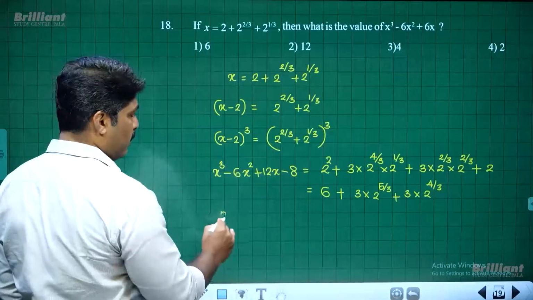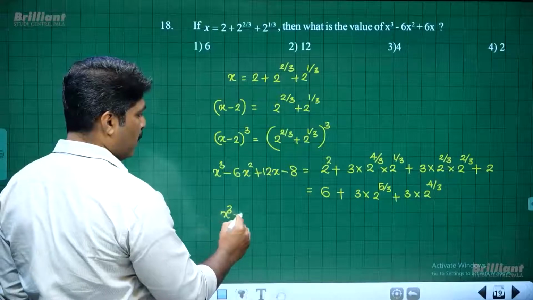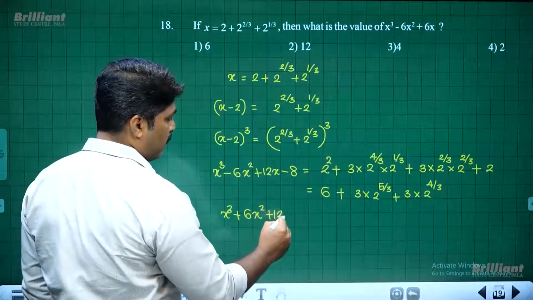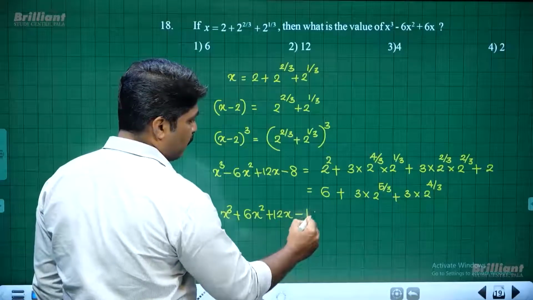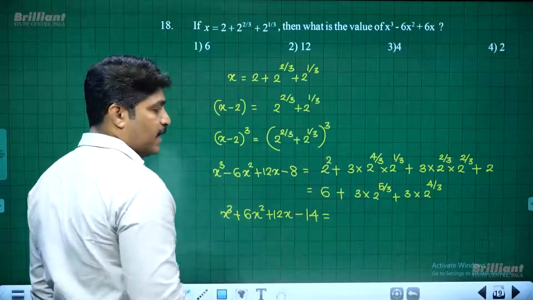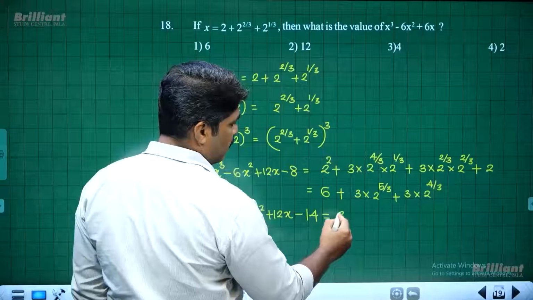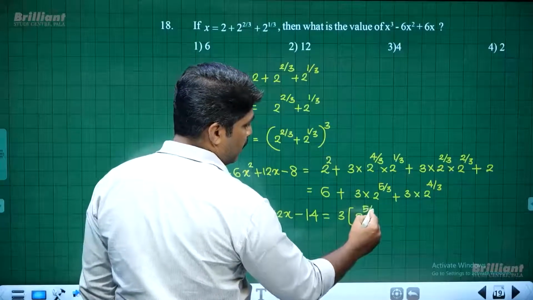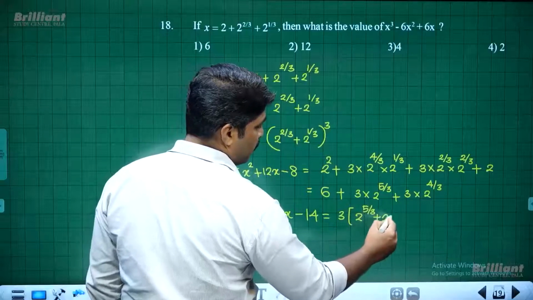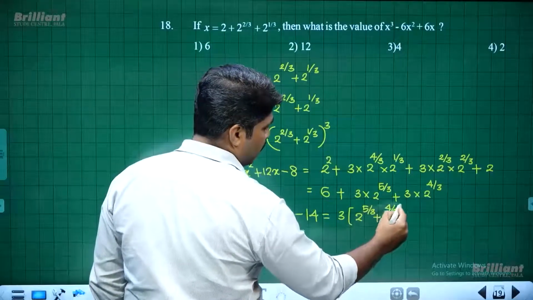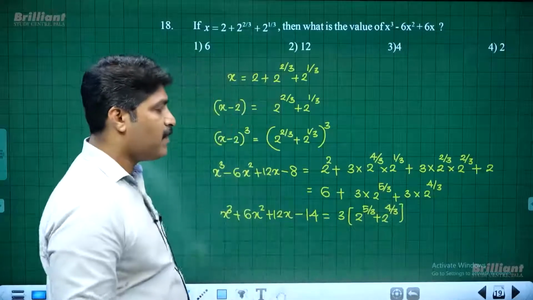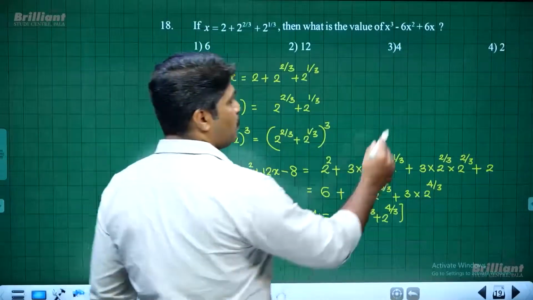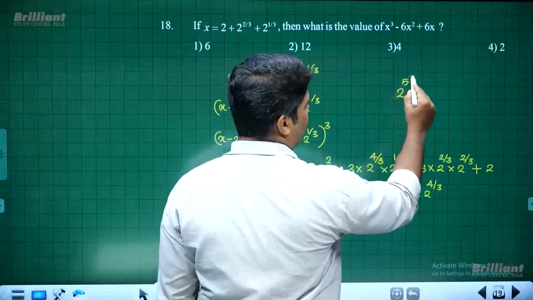At that time, this will be x cube plus 6x square plus 12x minus 14. On the right side, this is 3 into 2 raised to 5/3 plus 2 raised to 4/3. So this 2 raised to 5/3 and 2 raised to 4/3, we can split in the form 2 raised to 5 by 3.